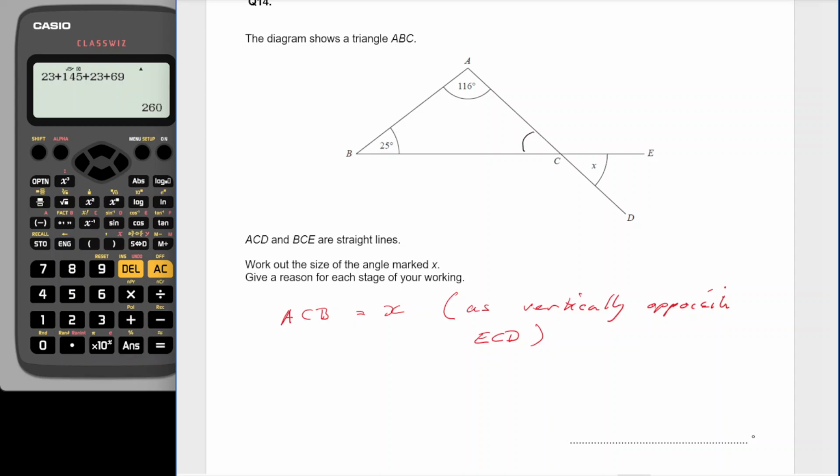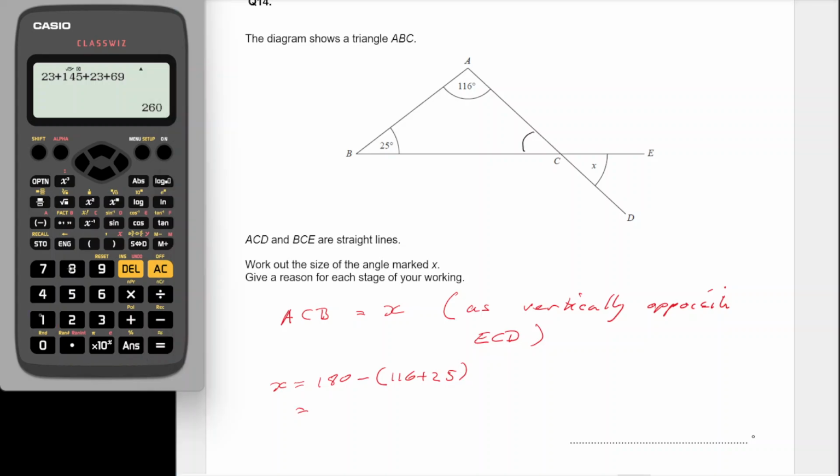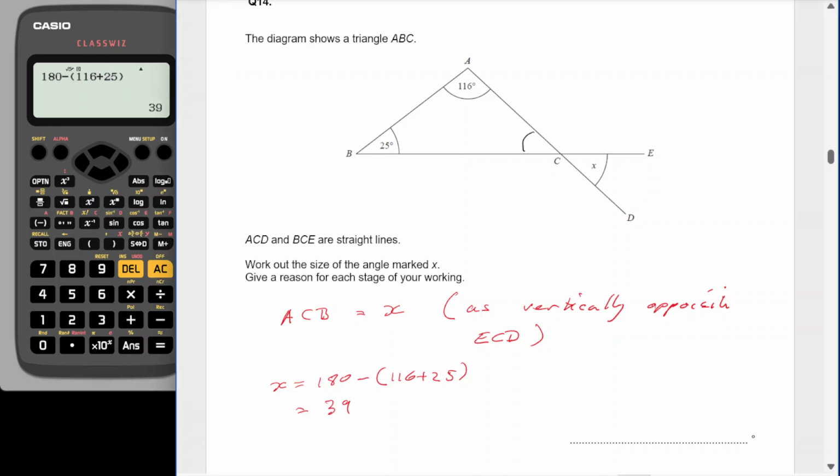So I'm going to say that X is equal to 180 minus 116 plus 25, which I can do in my head, but we've got a calculator, so let's do this with a calculator. 39 degrees. And the reason for that is angles in a triangle equal 180 degrees.